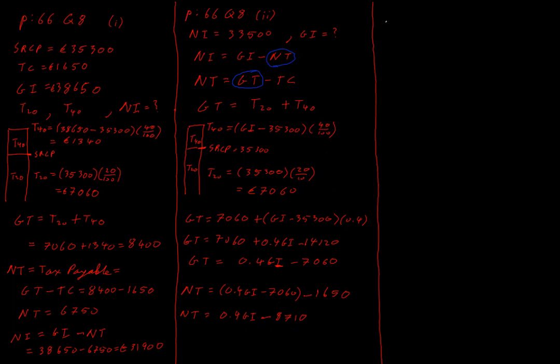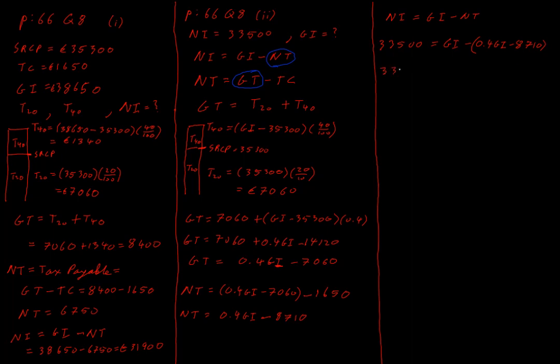So I've now simplified my net tax, so I can sub in here, and now I'm getting very close to the end. So I have my net income, I'm going to rewrite it here, is equal to my gross income minus my net tax. I have just found out an expression for my net tax and simplified it. So my net income, 33,500, is equal to my gross income, which I am looking for, minus, subbing something in, put it in brackets, GI for gross income minus 0.4 GI minus 8,710.